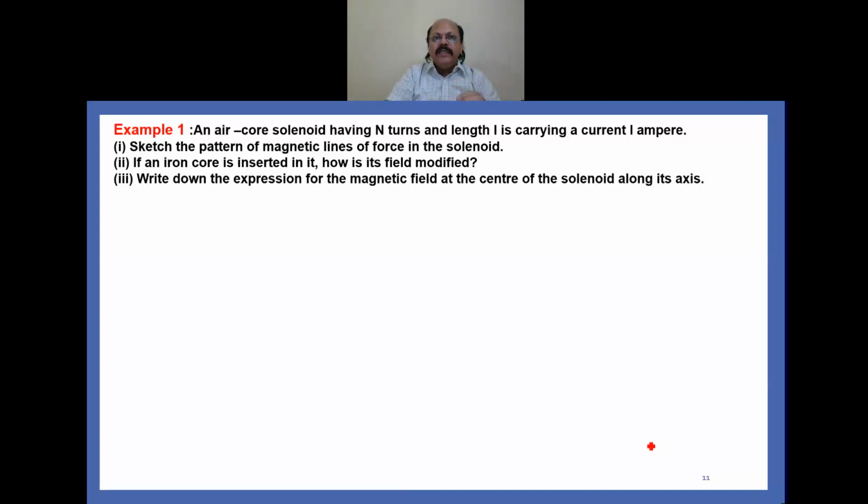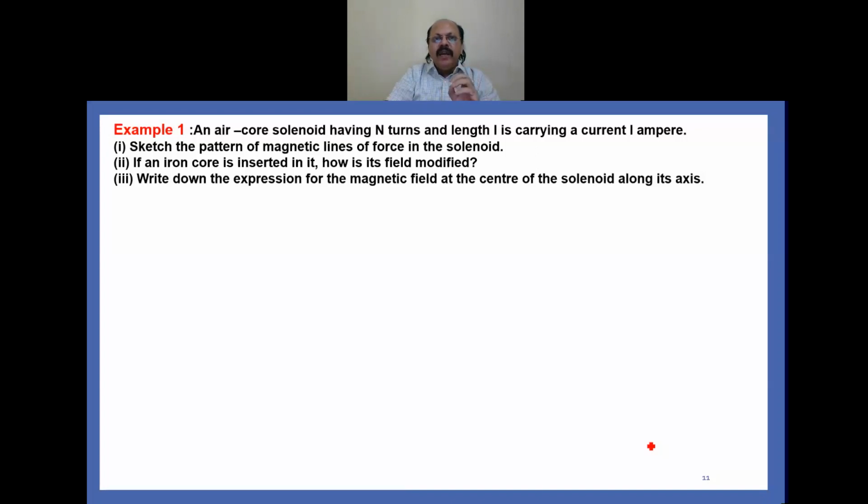If an iron core is inserted in it, how does its field get modified? I just explained that if the medium in the solenoid gets changed, then its magnetic field gets increased by mu r times. That is B dash becomes mu r B, and B is mu naught n I. You can indicate that in terms of the magnetic field lines by making them very close.